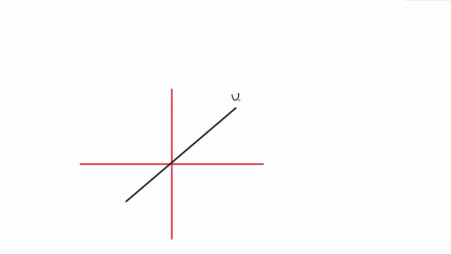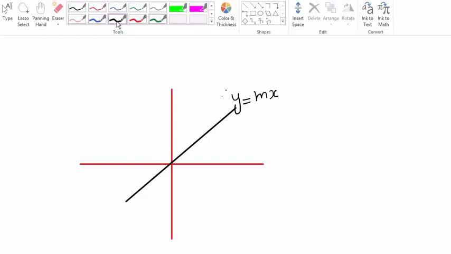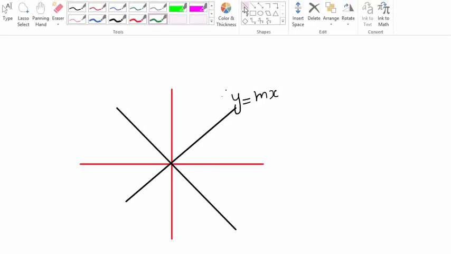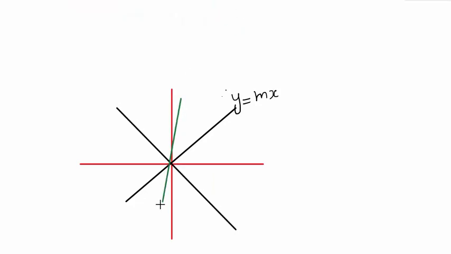Then the equation will be y equals mx. y equals mx will be the equation of a line passing through the origin. This may be like this or like this. All have the equation y equals mx.